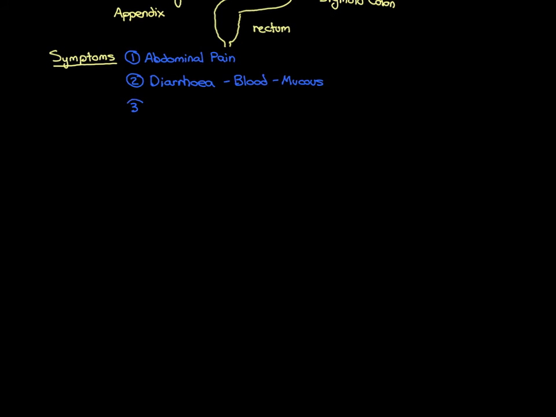Category number 3 of the symptoms of inflammatory bowel disease is the constitutional symptoms. Let me just take a little bit of time to explain what I mean by constitutional symptoms. If you want to give these their absolutely full name, you can call them the constitutional symptoms of inflammation.